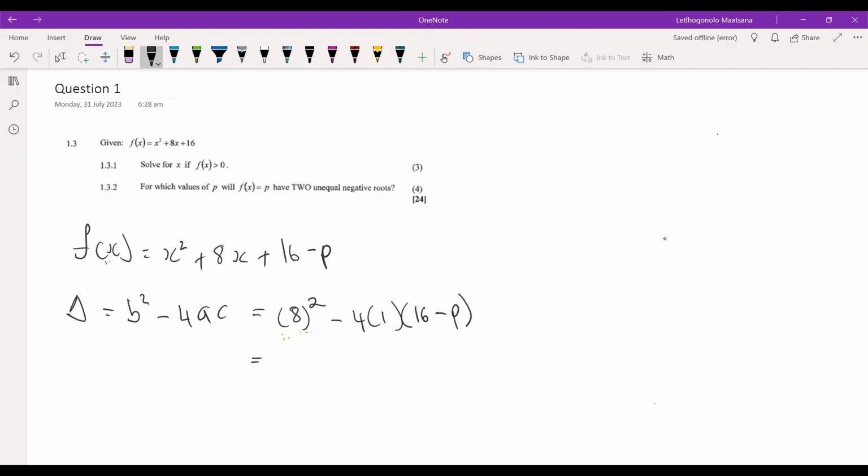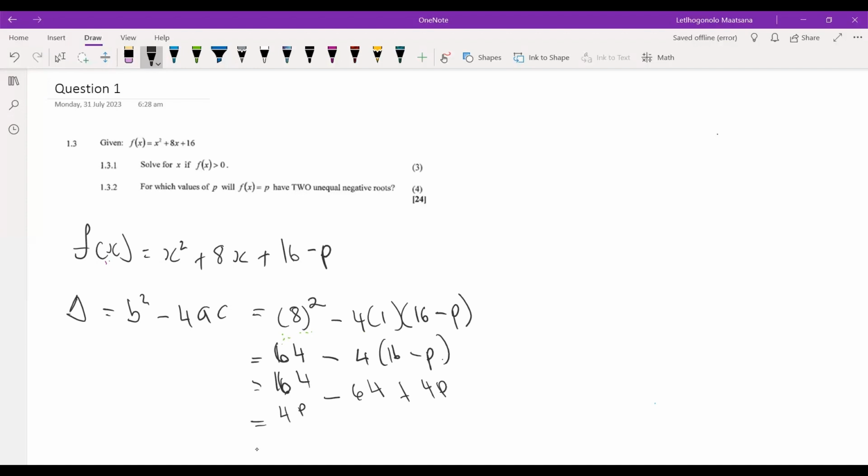Then here we would have 64 minus 4 times 16 minus p, and go ahead and multiply out with that 4. So we have 64, 4 multiplied by 16 gives us 64, plus 4p, and we will get that our discriminant is 4p.